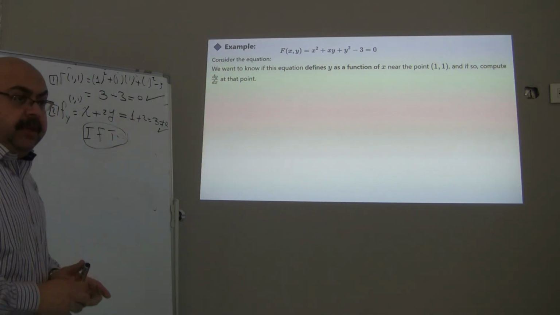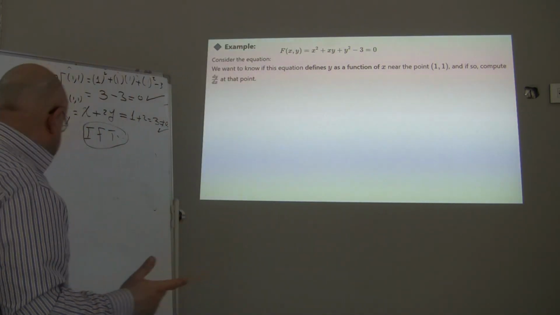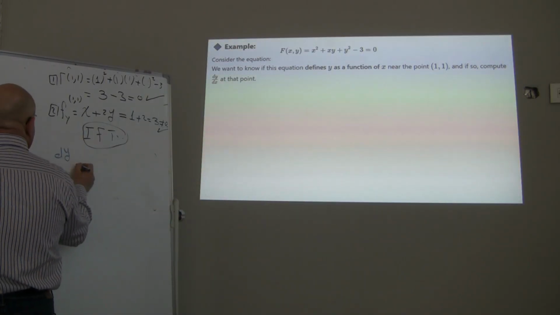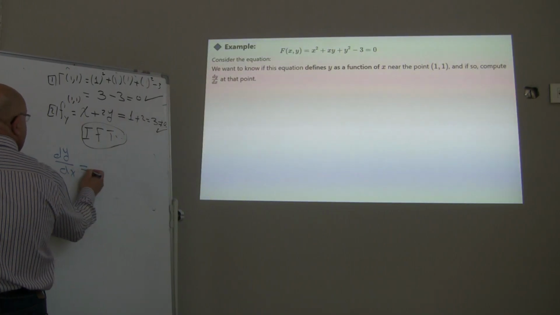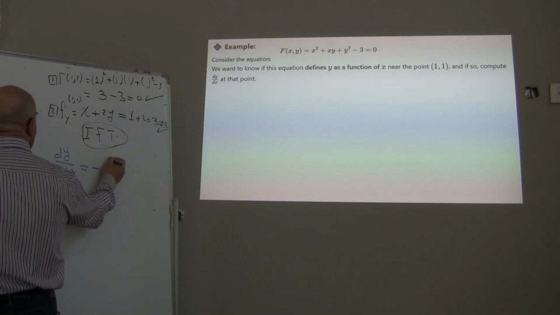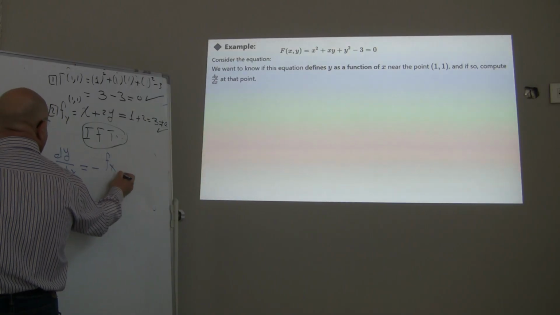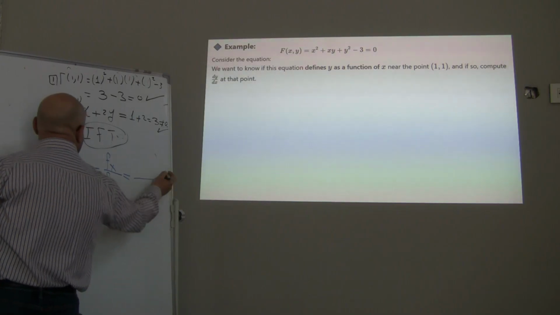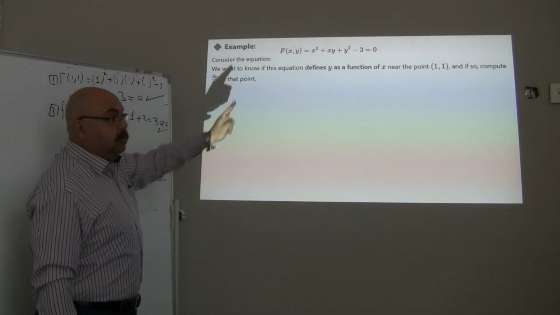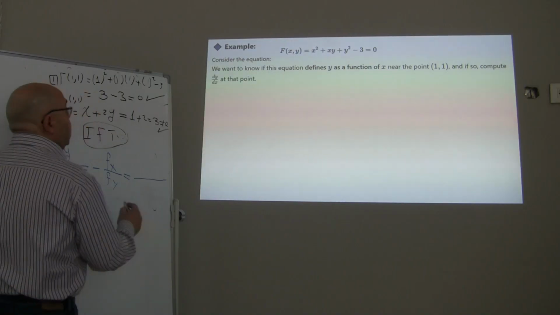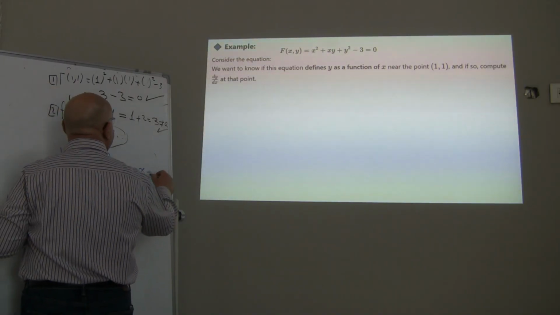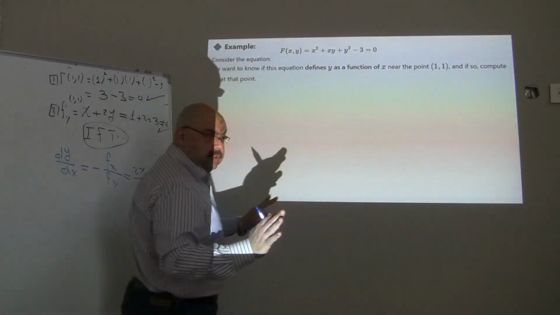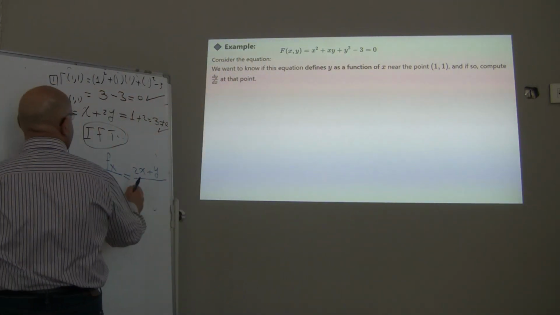The implicit function theorem states, as we saw in the previous slide, that dy by dx is going to equal a negative sign for f sub x divided by f sub y. So all I have to do is get the derivative of this function with respect to x. It's going to be 2x plus y, while the y squared and negative 3 terms will be zeros, of course, divided by partial f y.